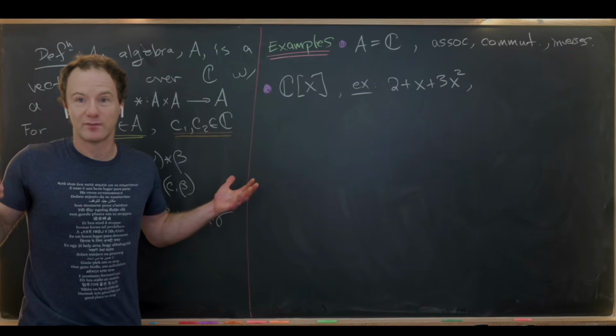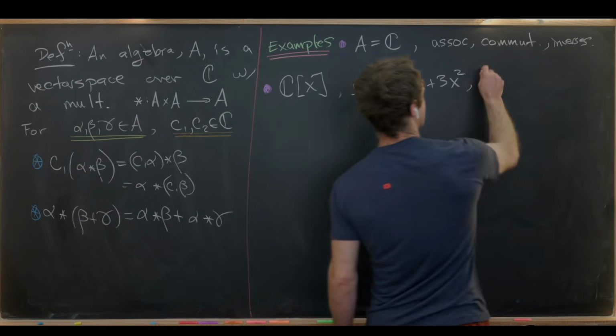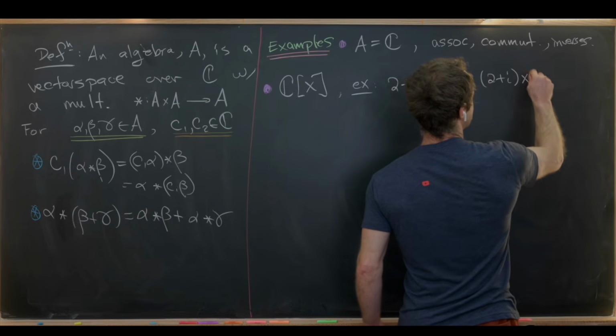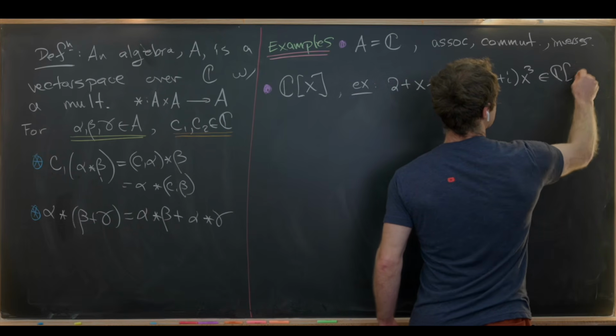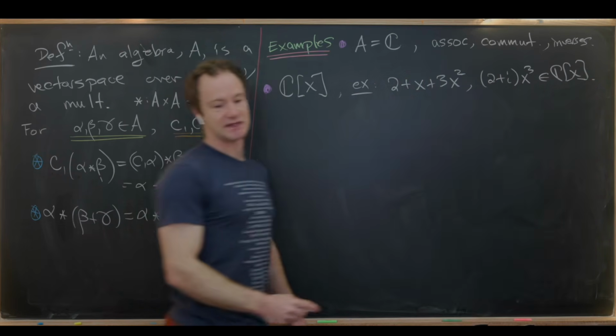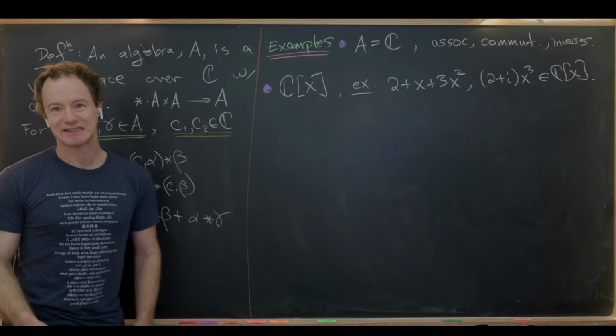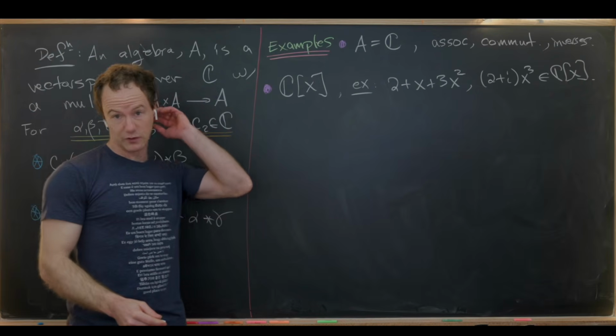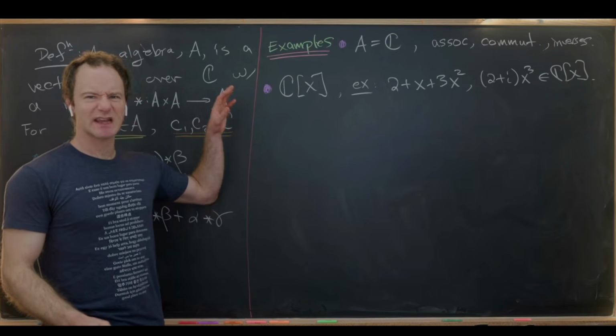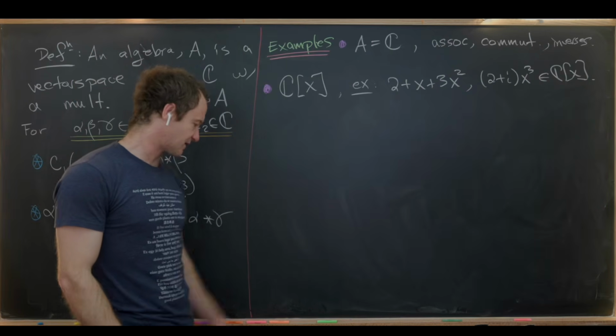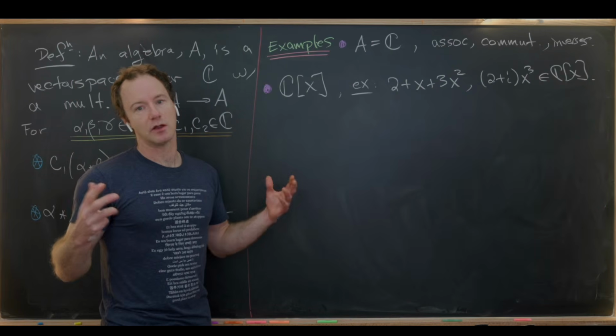If you want to really point out that there's a complex number in there, you could have 2 plus i times x cubed, etc. So those are examples of elements in, well, I would say this is C adjoin x, or the polynomial algebra in x. In an abstract algebra class, you would learn about something like this. It would be called a polynomial ring.